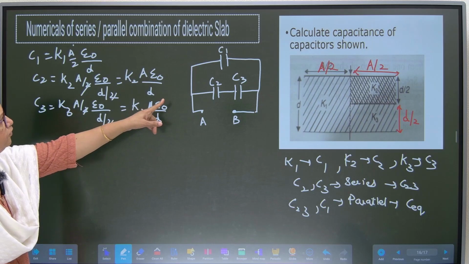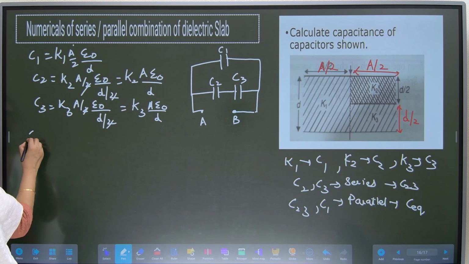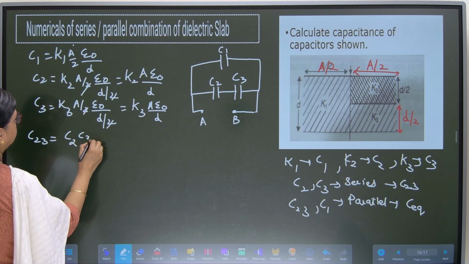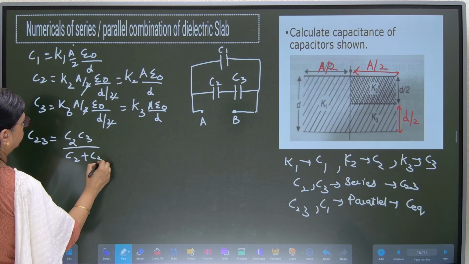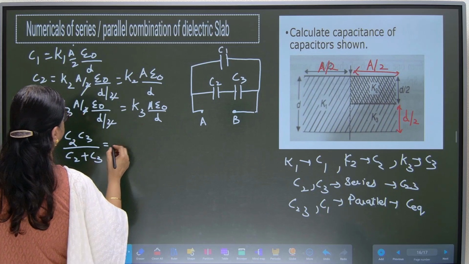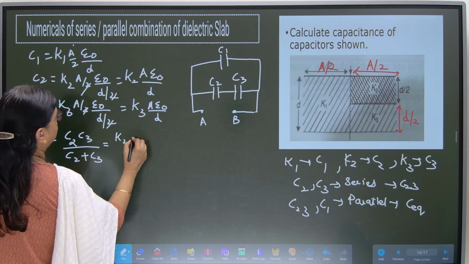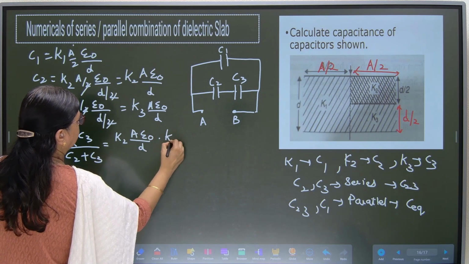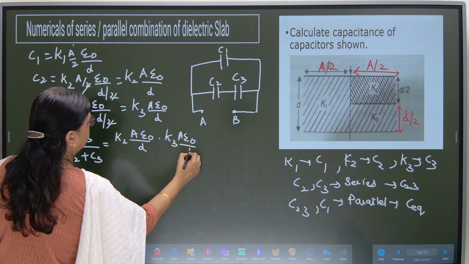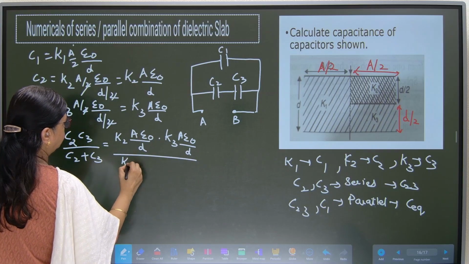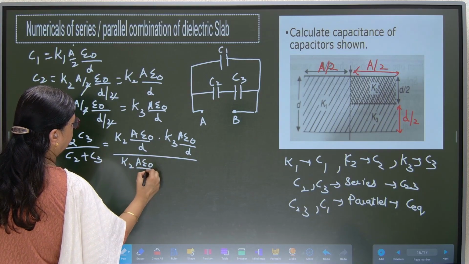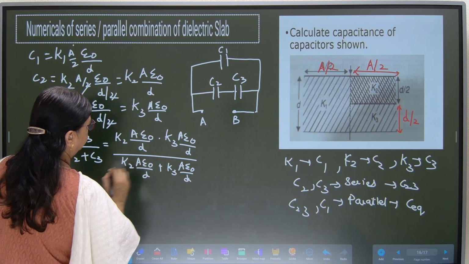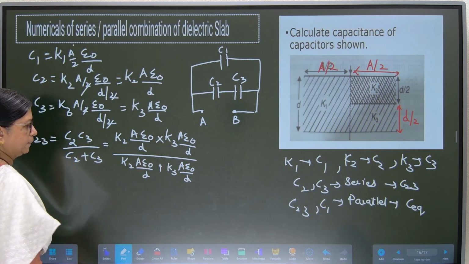Now using this information, let us find out C2-3 in series combination, which is equal to C2 C3 upon C2 plus C3, which is equal to K2 A epsilon naught upon D multiplied by K3 A epsilon naught upon D divided by K2 A epsilon naught upon D plus K3 A epsilon naught upon D. You can use a cross symbol also.